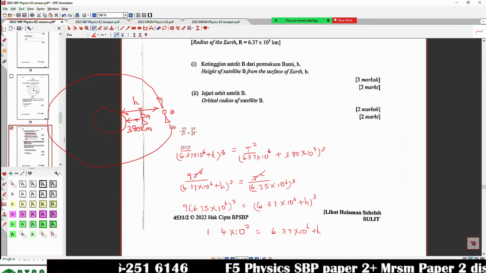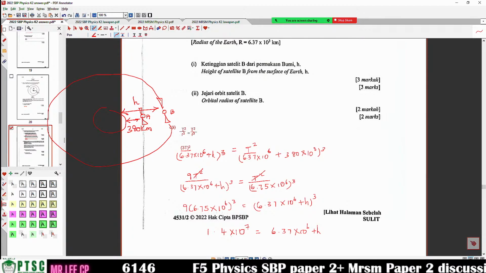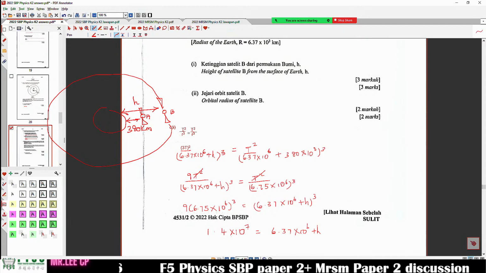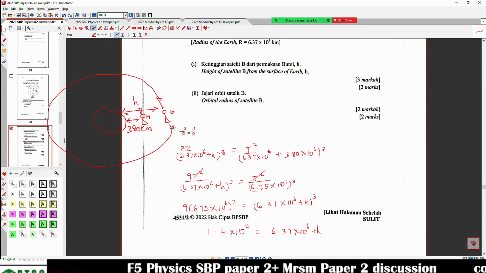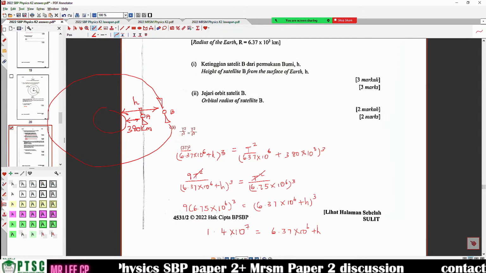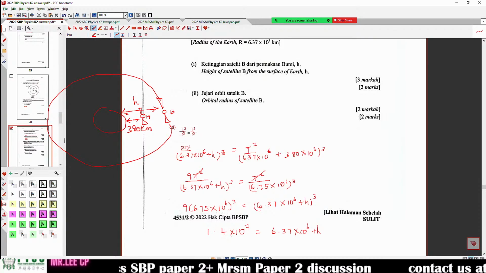I took the cube root already, right? Then later I want to find h, I bring this one to here, so I need to minus 6.37 exponent 6, so I will get, wow, still big.